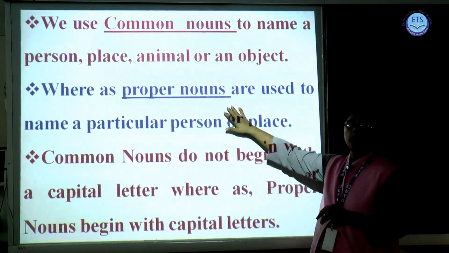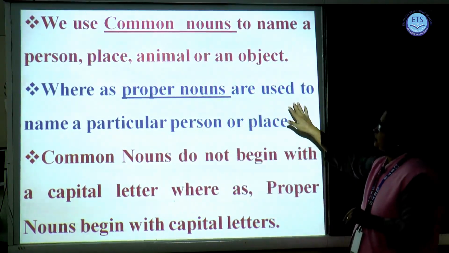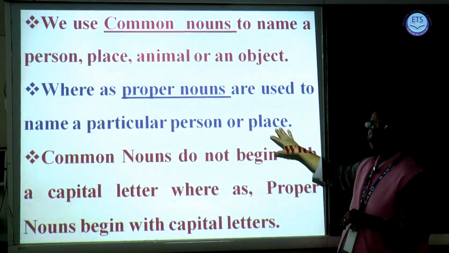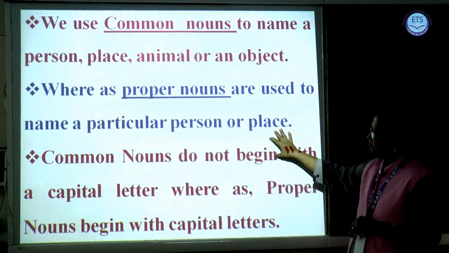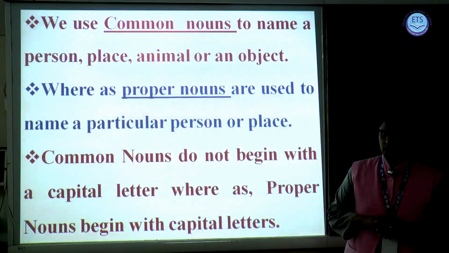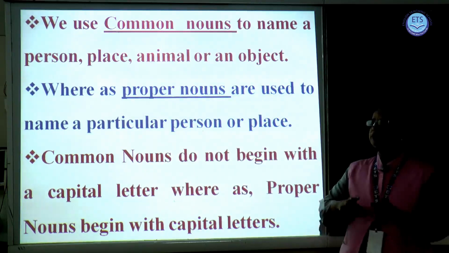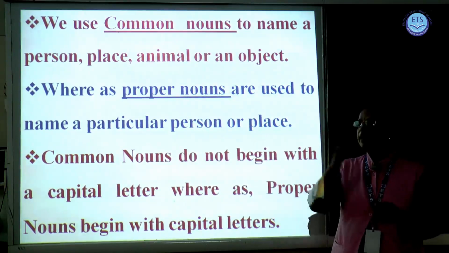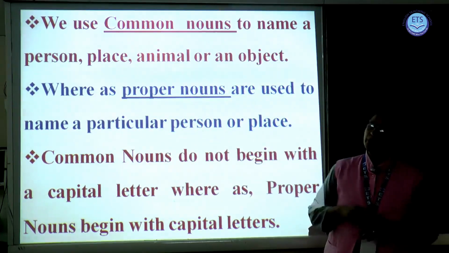Whereas the proper noun is used to name a particular person or a place. For example, if I say father, father is a common noun, but when a father is given a name like Rajesh Bhai, so Rajesh Bhai becomes a proper noun.